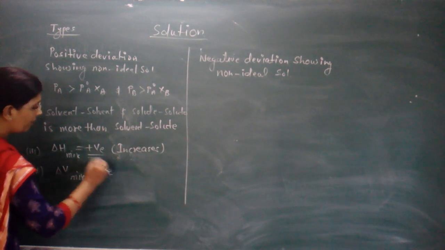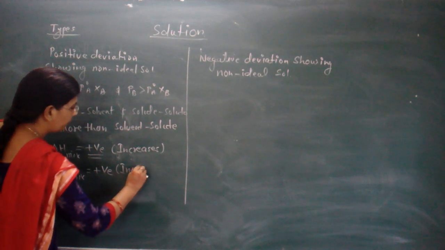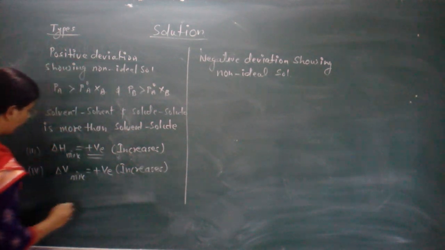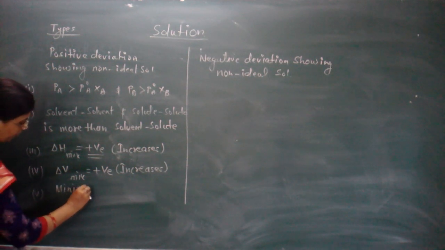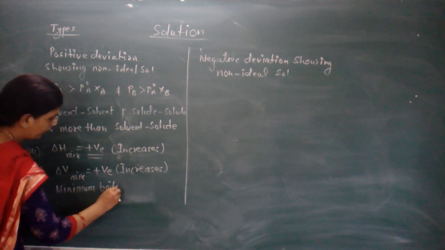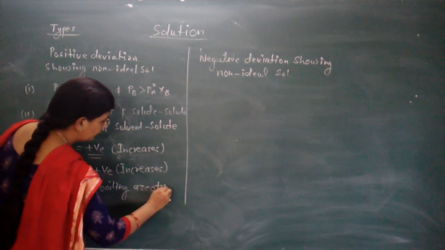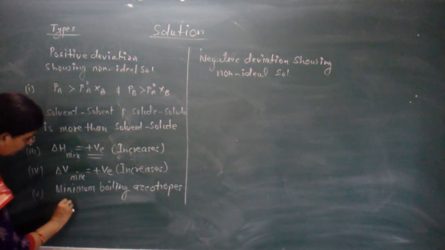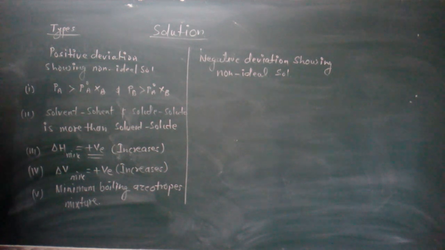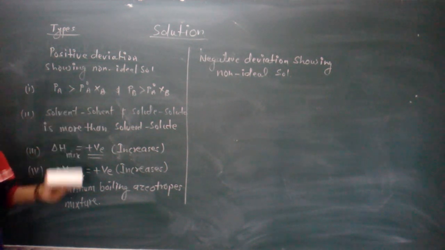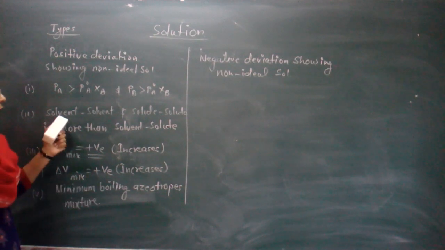The solution showing positive deviation, volume also increases, and it forms the minimum boiling azeotropic mixture. This topic we will cover further in azeotropic mixture. So these are the conditions when your solutions show the positive deviation from Raoult's law.